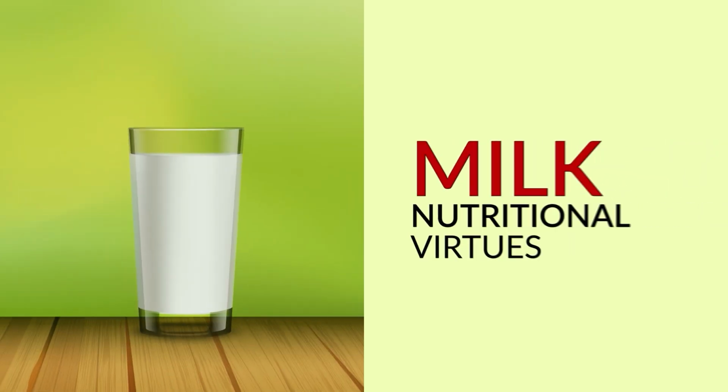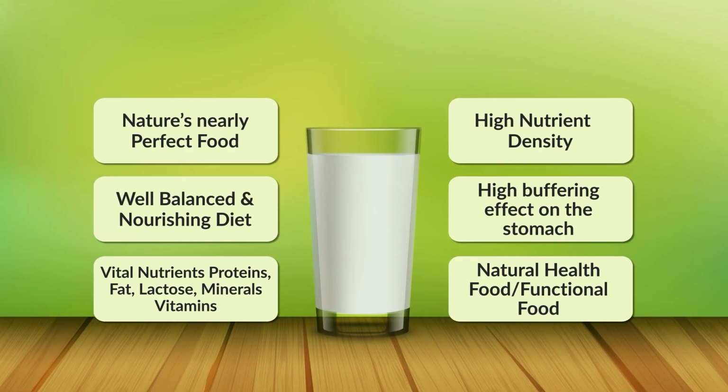Milk has a lot of nutritional virtues, that is, we say it is nature's perfect food. It is a well balanced and nourishing diet. Then it has vital nutrients of protein, fat, lactose, minerals. Then high nutrient density.